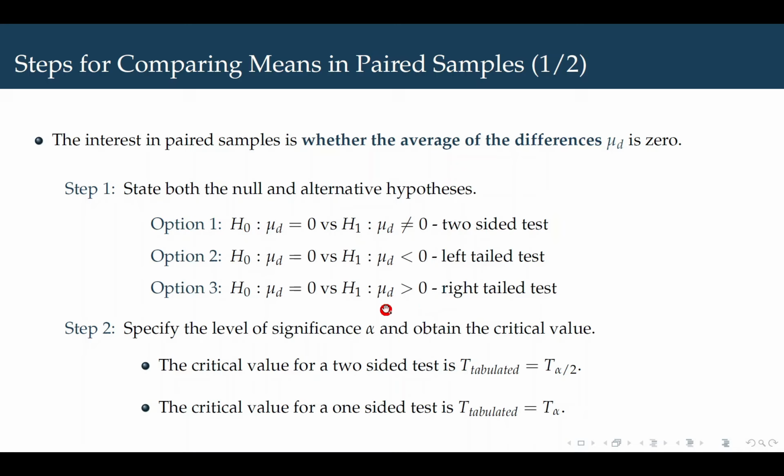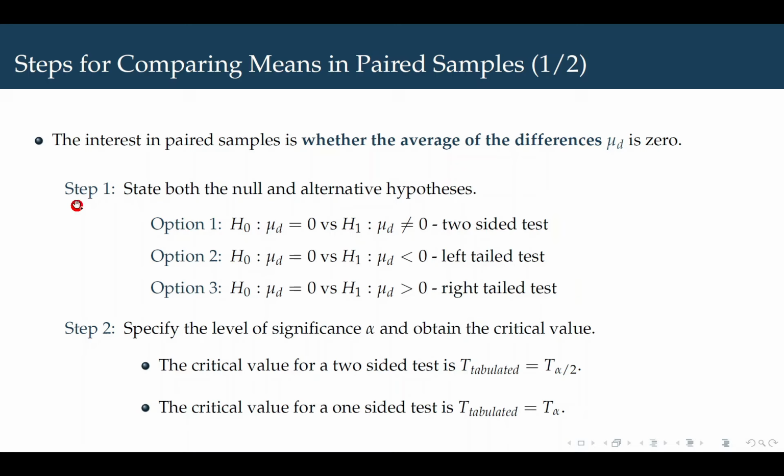That means the population mean of the differences is significantly greater than 0. Then here in option 2, this is a one-sided test, specifically a left-tailed test. And in option 3, this is again a one-sided test, and this is specifically a right-tailed test.